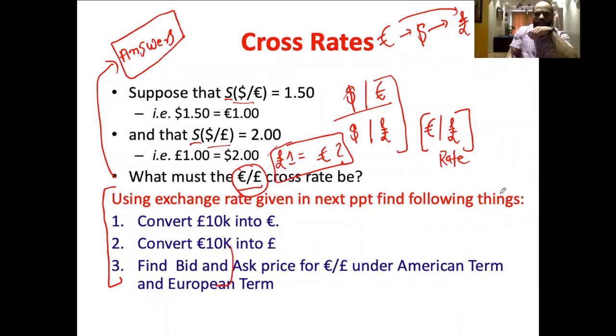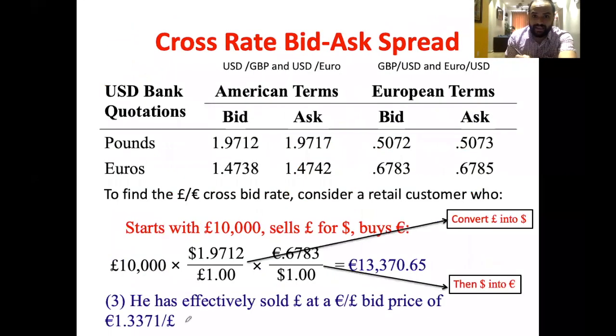But if you don't have it, don't worry much about it. So we can read and understand what exactly the meaning of this is. It says that using exchange rates given in next slide, find the following things. So we need to do 1, 2, and 3 using information in the next slide. You have the same slide. I didn't make any changes in this slide.